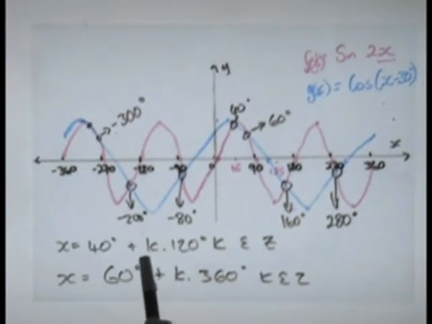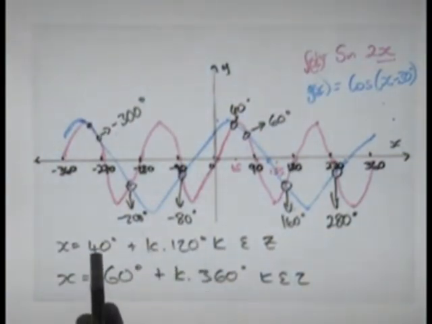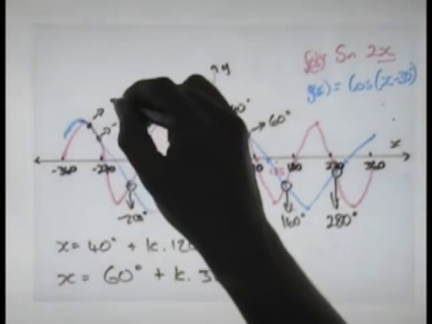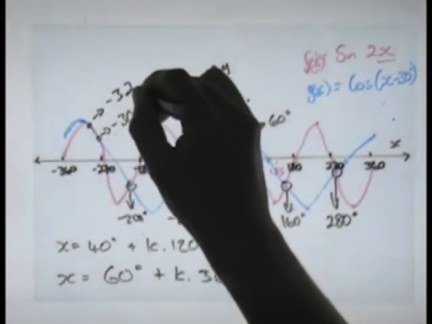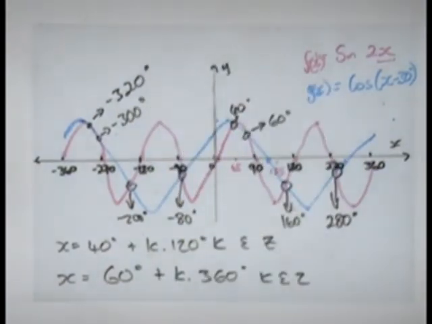But look here, when k is equal to -3, that's going to be -360 degrees. 40 degrees minus 360 degrees is going to give me the point -320 degrees. Now please note that these 8 points of intersection are only the x values.